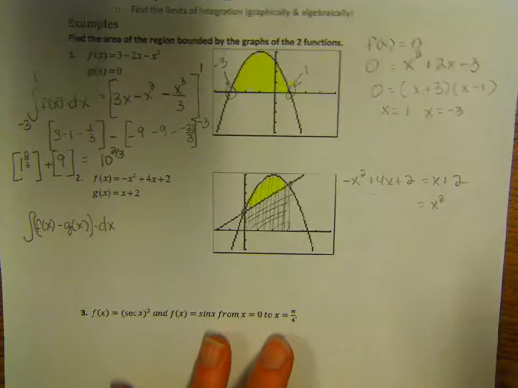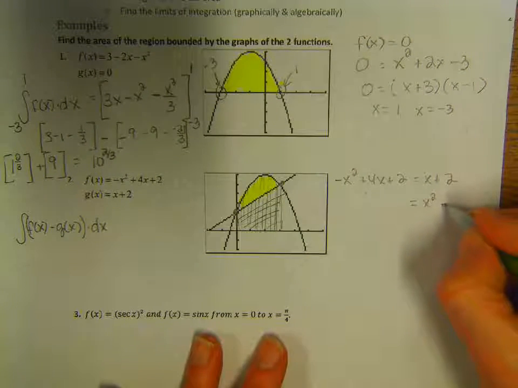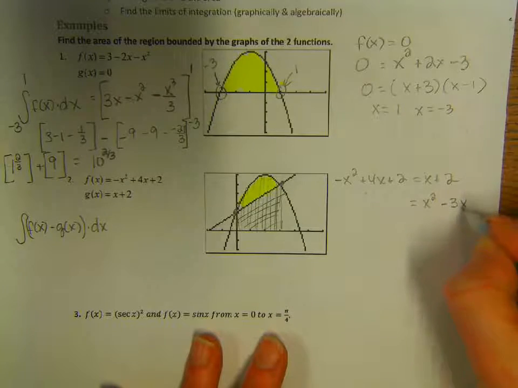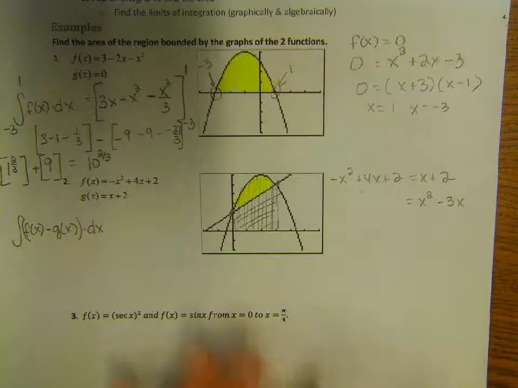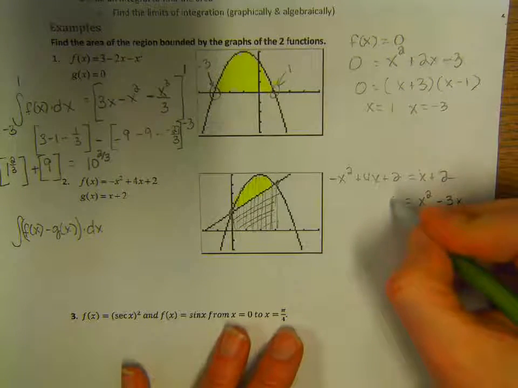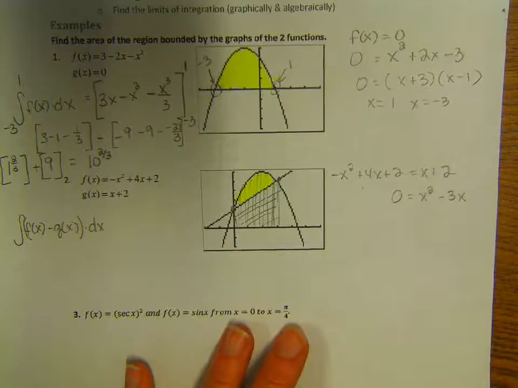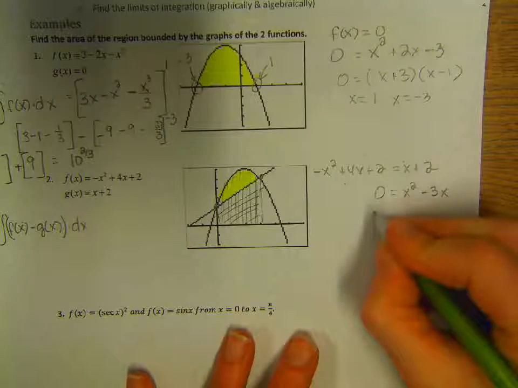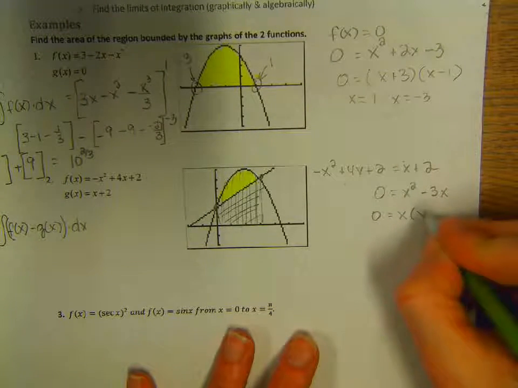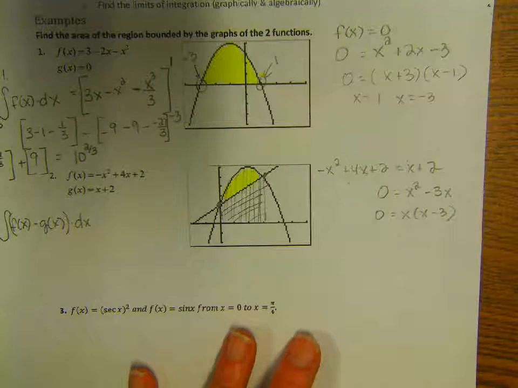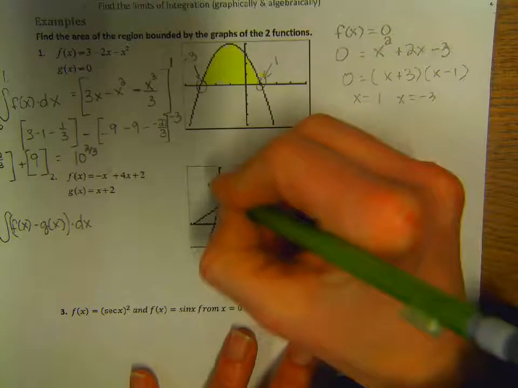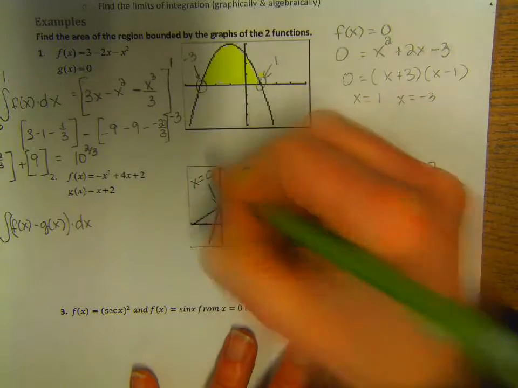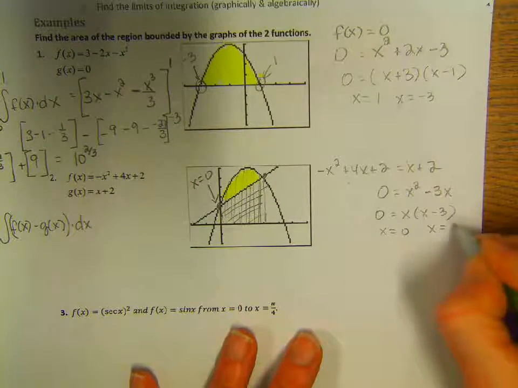If I subtract 4x, I would have minus 3x. Are you following me? And this 2 is 0. So then I could just factor an x out. Looks like I meet at x equals 0 and x equals 3.